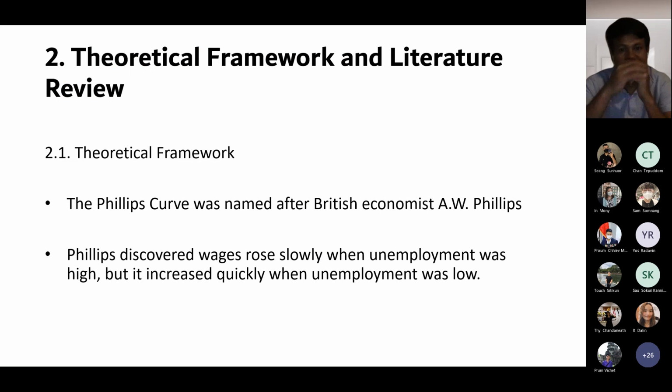So the current part is about the theoretical framework and literature review. As seen in the slide, the Phillips curve was named after the economist Phillips, who first examined the relationship between the rate of unemployment and money wages. His analysis was based on data in the UK between 1861 and 1957, and it showed empirically an inverse relationship between the rate of unemployment and the rate of increase in money wages.